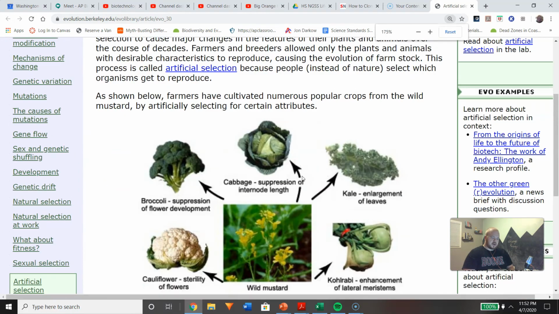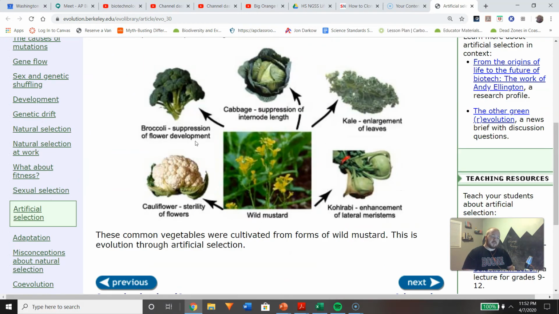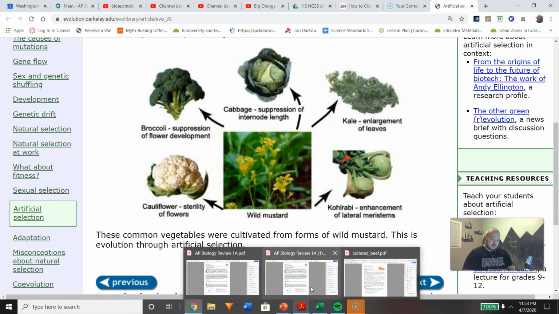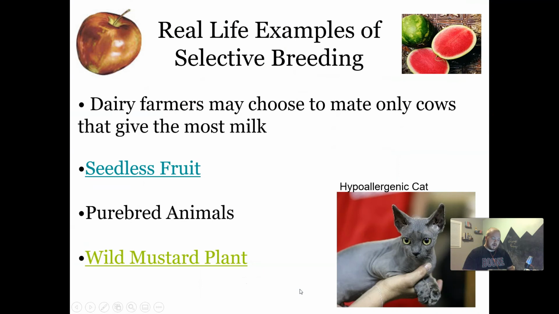Cauliflower, broccoli, cabbage, kale, kohlrabi, Brussels sprouts, and numerous other crops, including mustard, all come from the same wild type of mustard. They're all descended from the same common ancestor.